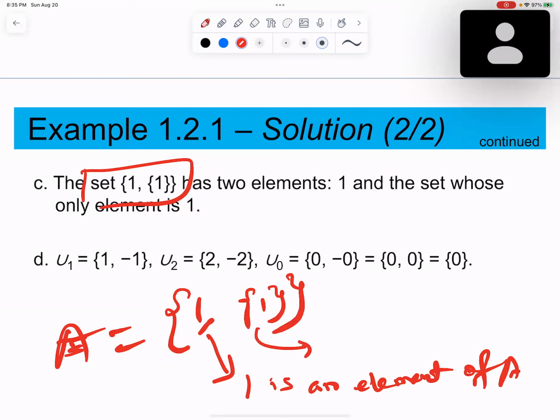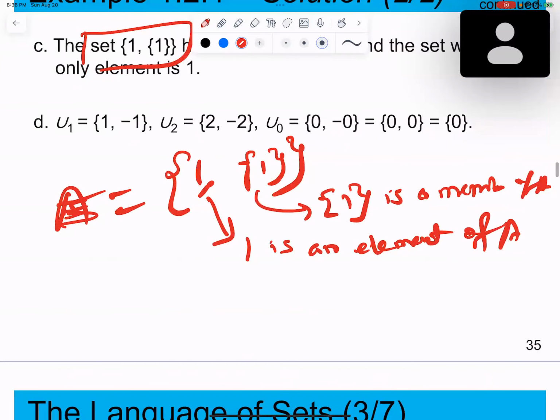So a set is a member of A. That means this A contains sets as part of its elements. Okay, for instance, you can list A to B again.